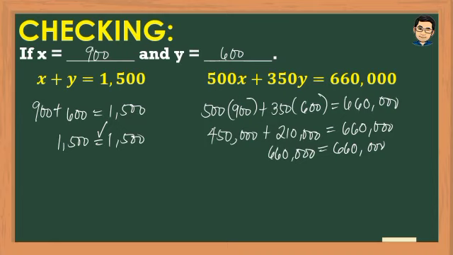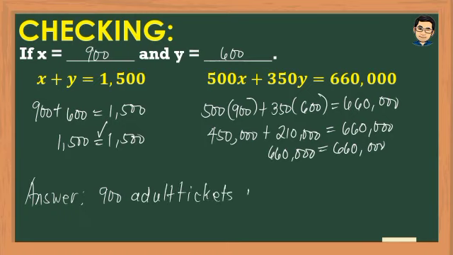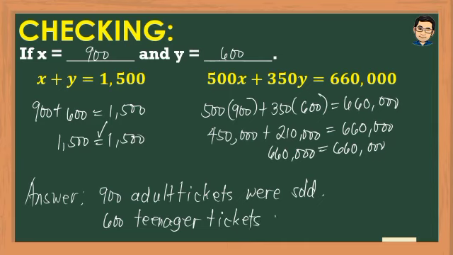So, our answer, 900 adult tickets were sold. And then, 600 teenager tickets were sold.